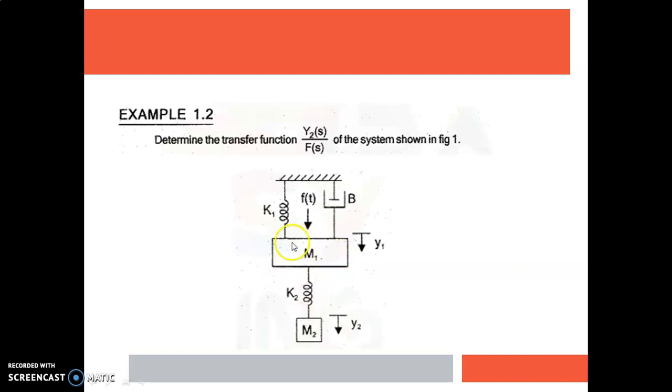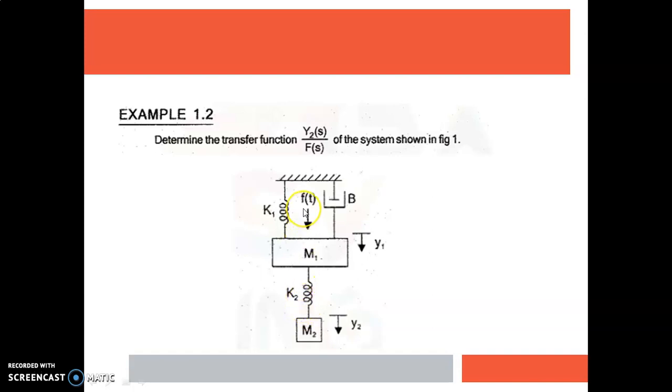The mass itself, M1, then K1, then B, then K2. These are the elements associated with the mass body M1: the mass itself M1, this spring K1, this dashpot B, this spring K2. So four elements are associated with M1: 1, 2, 3 and 4.